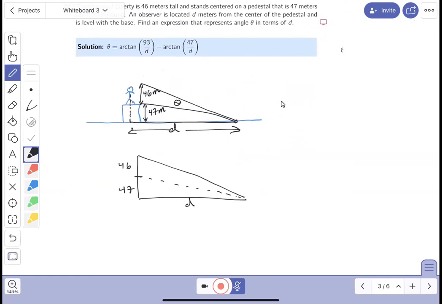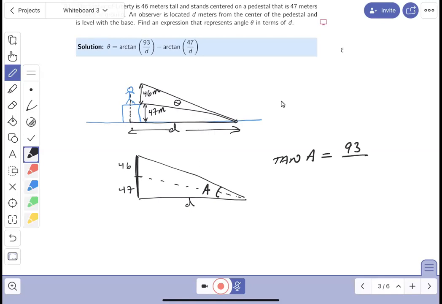All right. So I'm going to write down tangent of this angle here. I'm going to call this big angle here A. Let's write that down. What's tan of A? Well, it's this side over here: 46 and 47, that's going to be 93, right?